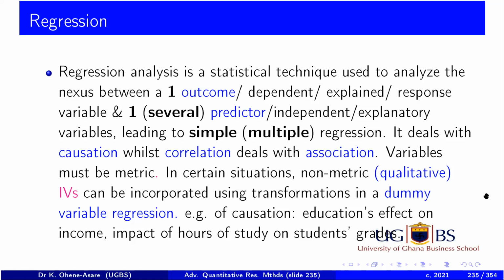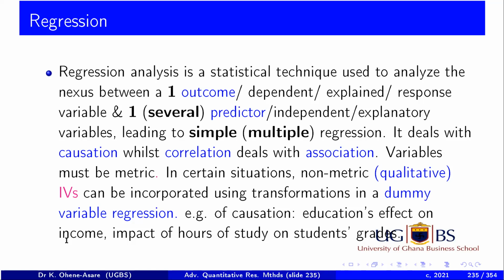So a typical example is, what is the effect of education on a person's income? What is the impact of the hours of study on student grades? Do students who study more hours do better than those who don't? Regression can help answer. What are the causal factors leading to the NPP winning the election?